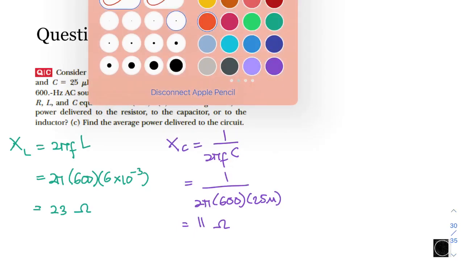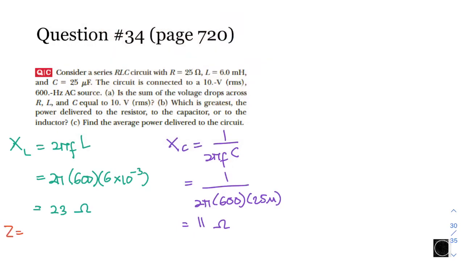For the impedance Z, it's the square root of R, which is 25 squared, plus XL 23 minus XC 11, then squared, which gives you 28 ohm.